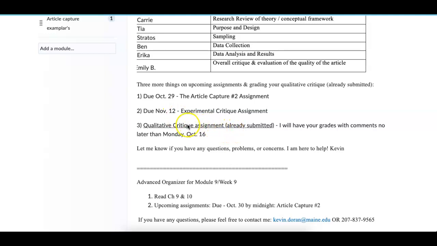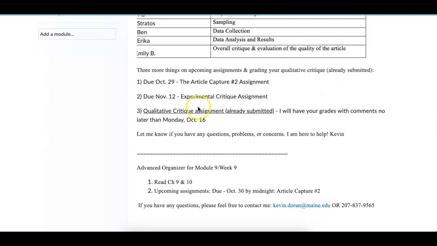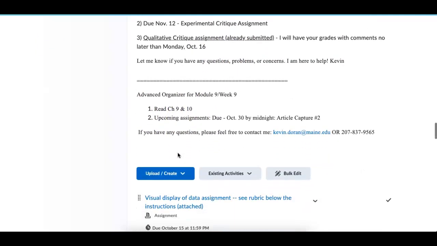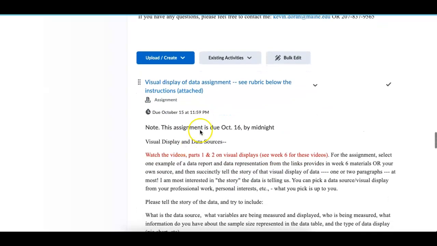And I'd also like to say that your qualitative critique, I've graded some of those, and a bunch I have not. I will have everybody's grade with comments to you no later than the end of the day on Monday. So if you have any questions on that, let me know. And then I put an advance organizer in here for next week. So we also have the visual display assignment. Don't have to spend a huge amount of time on that.